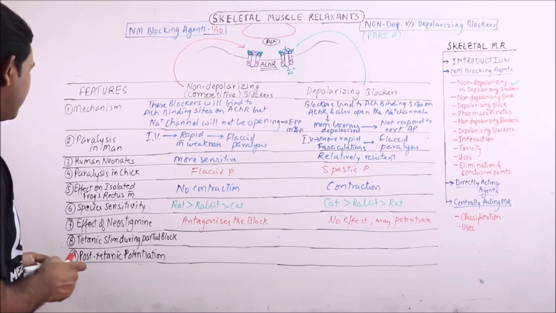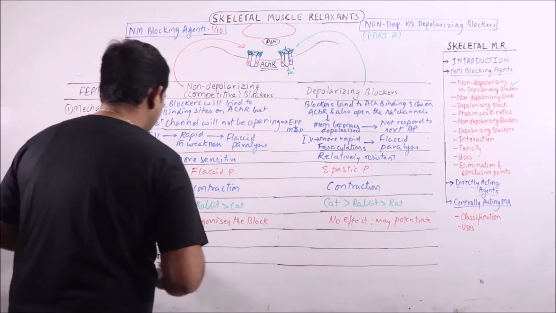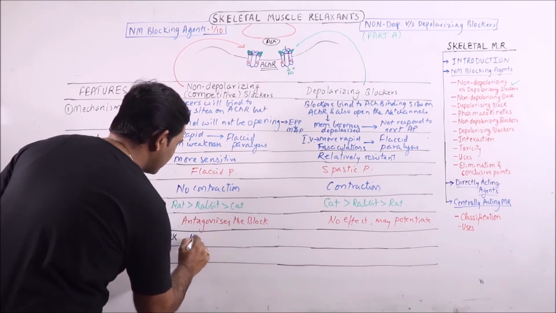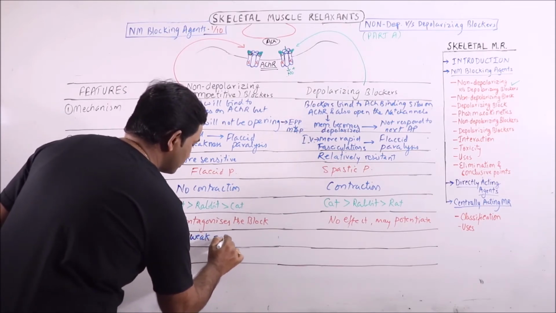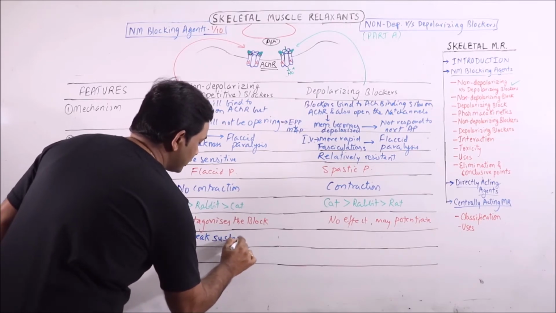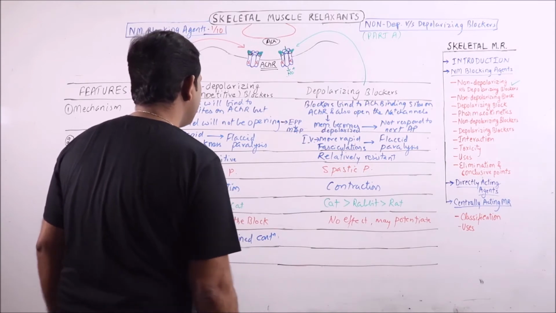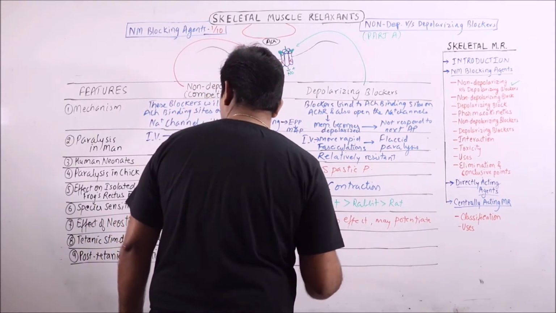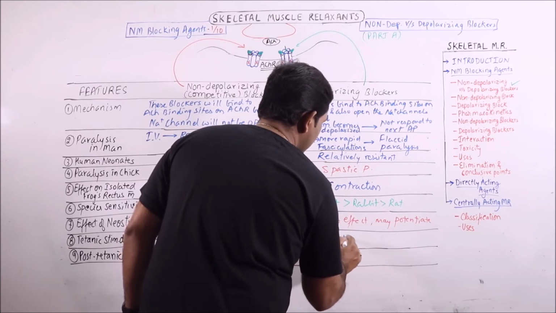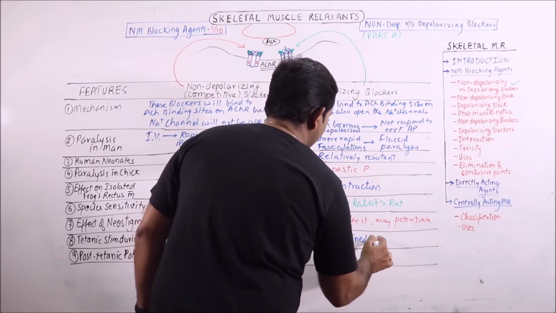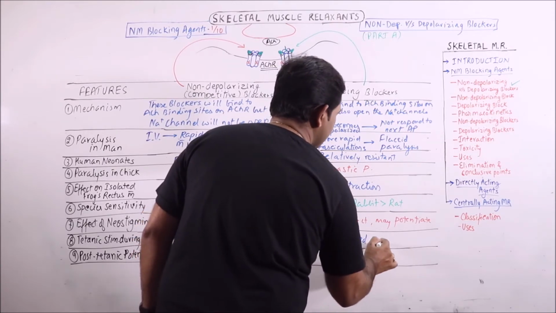Tetanic stimulation during partial block, if done, then it will result in weak sustained contraction, while the depolarizing blockers, if given, then they will result in well sustained contraction.